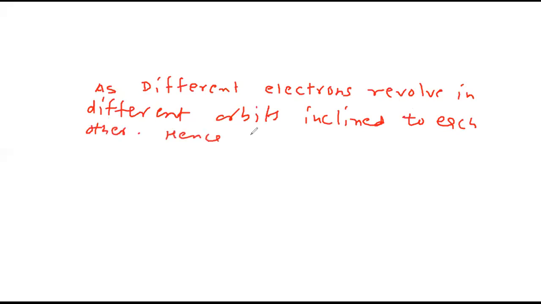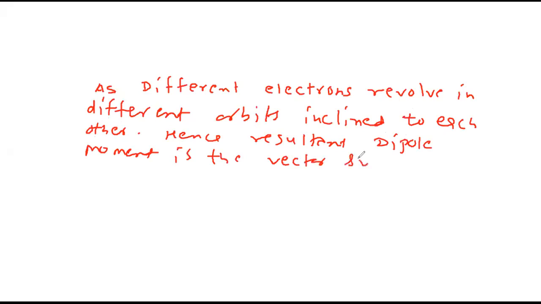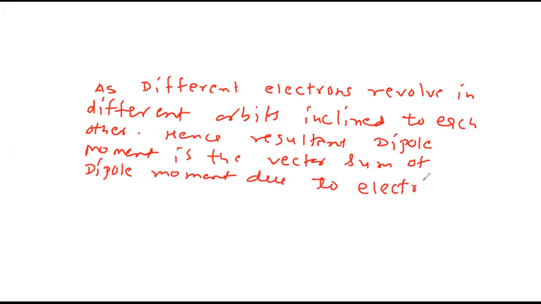Hence, resultant dipole moment is the vector sum of dipole moment due to electrons in different orbits.